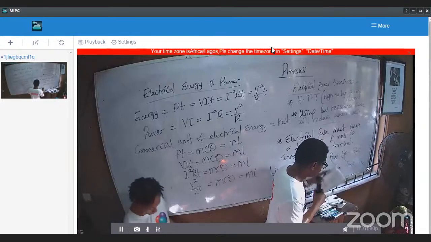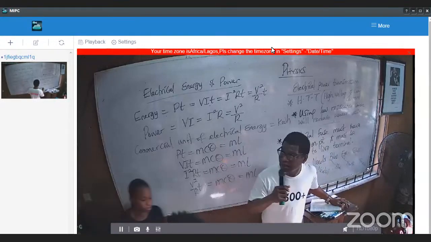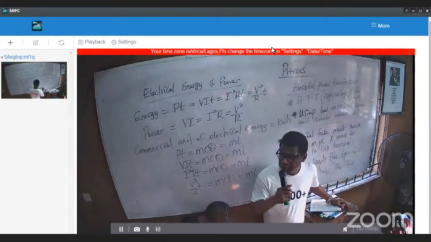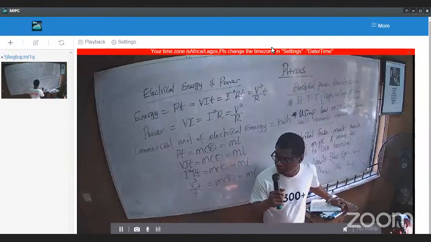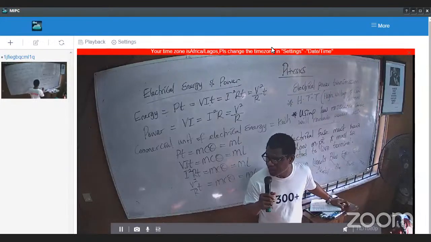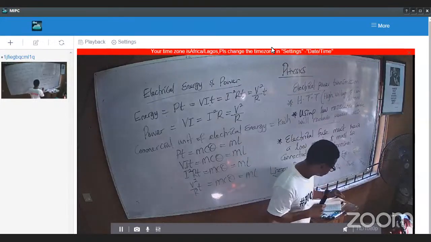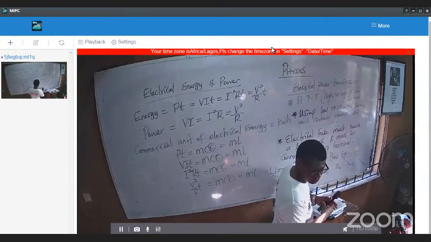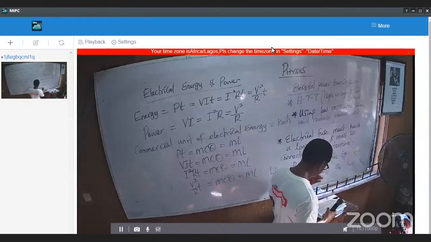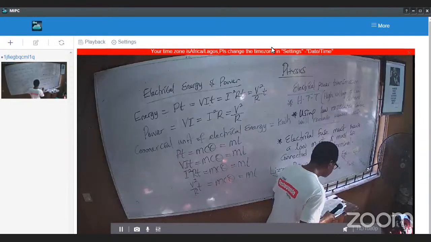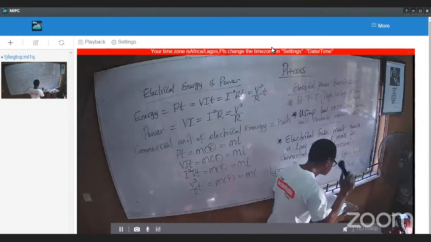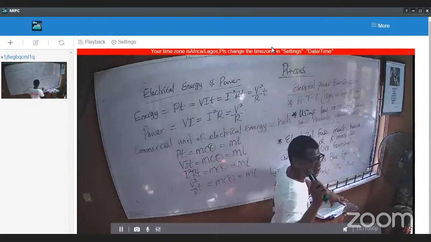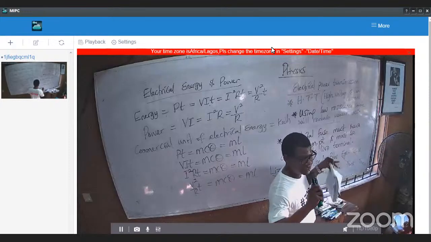For your classwork, don't forget the formula on the board. Energy is I squared RT. So quickly solve it. Then convert your kilojoule to joule.